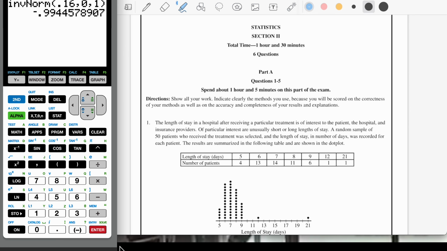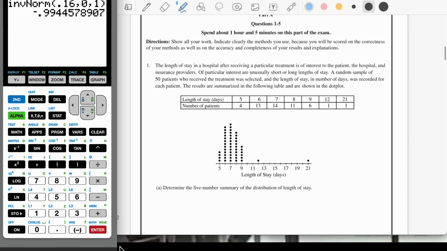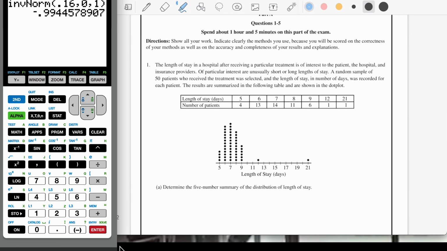Now, in terms of the directions, you can see show all your work, indicate clearly the methods that you use, because you'll be scored on the correctness of your methods as well as the accuracy and completeness of your results and explanations. So you don't want to write down normal 0.16. That's not going to get you anything.